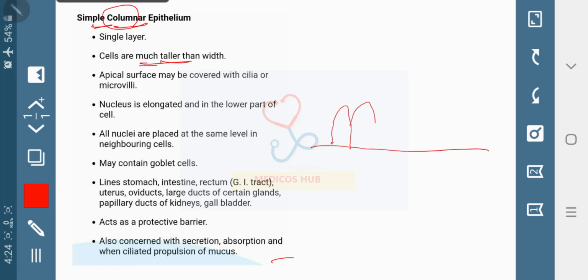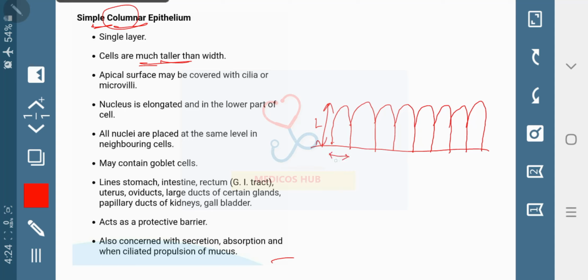You can follow me, or you can make a note of it. See how to draw columnar cells. Here, see the length. This is the length. This is the width or breadth.